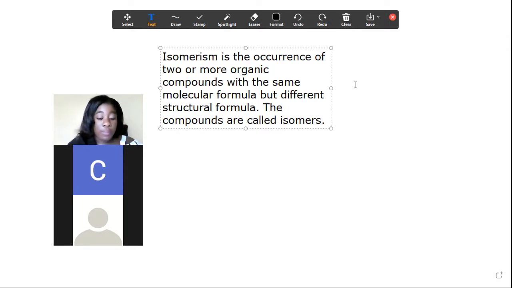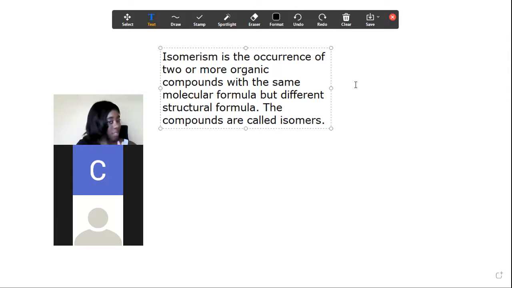So that's what we really mean by isomers. It's the same molecular formula, but a different structural formula.